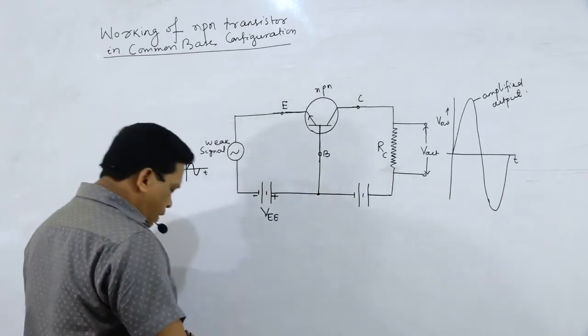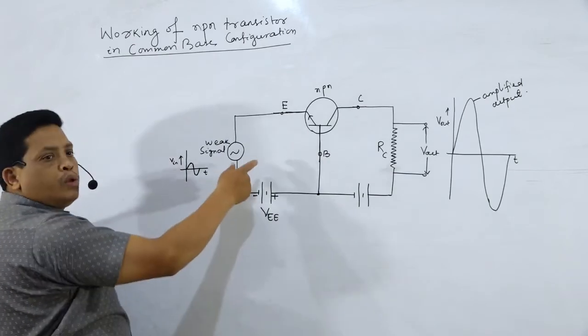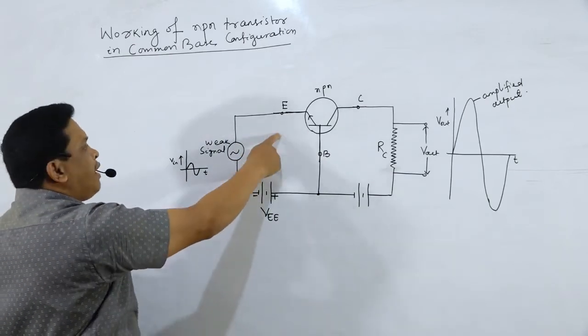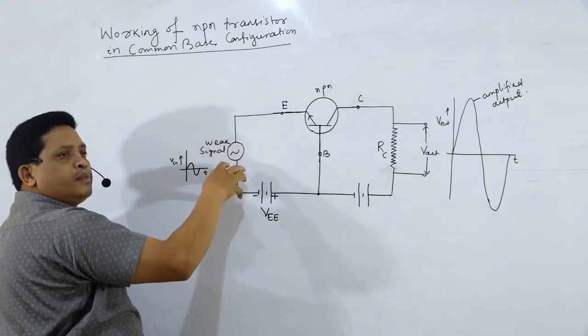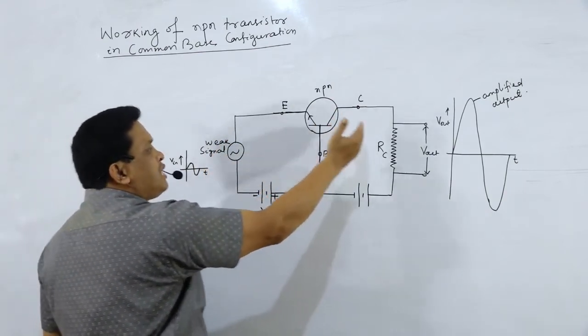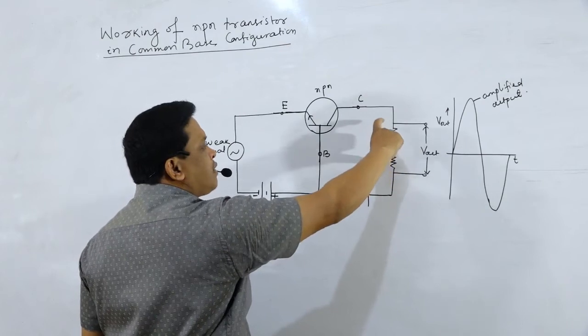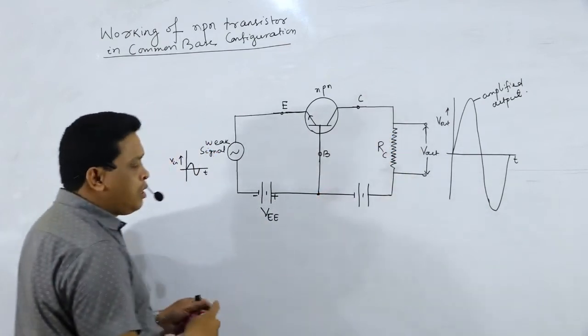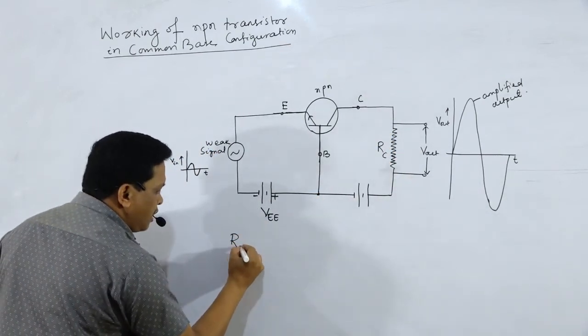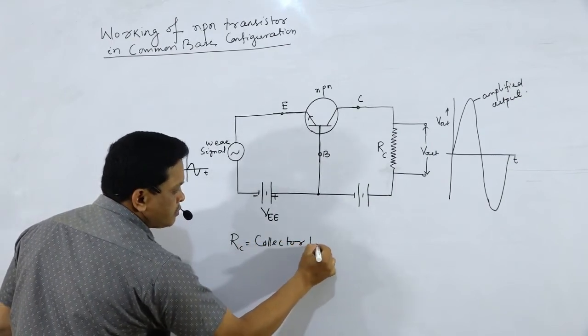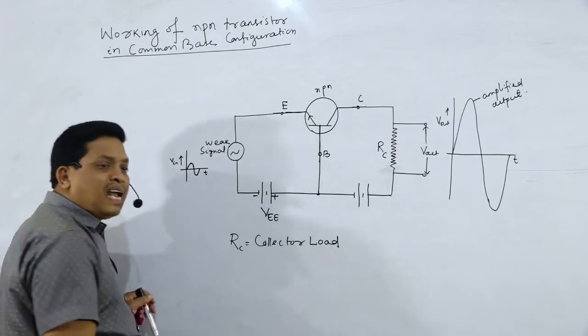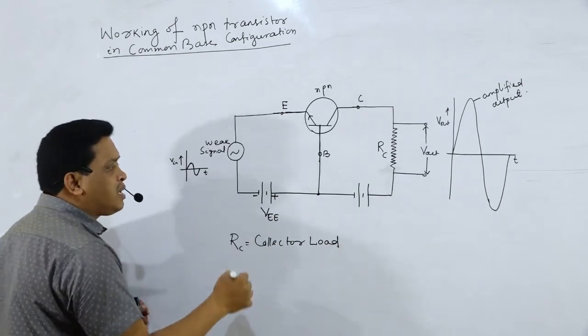Now in the input side, we have applied a weak signal, and in the output side, to get the output, we have connected the collector load. So RC is the collector load. Load means resistance connected with the collector circuit.